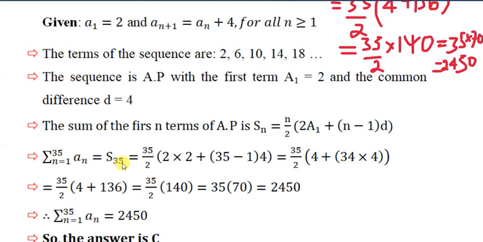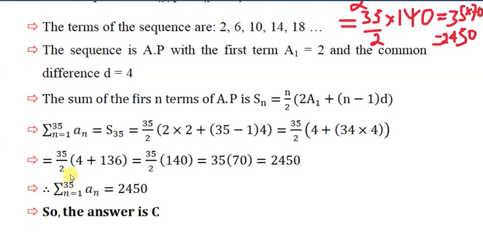Since our sequence is arithmetic, this is equal to 35 over 2 times (our a1 is 2, so 2 multiplied by 2, plus our n is 35, 35 minus 1 is 34, our d is also 4, and 34 multiplied by 4). The whole calculation gives us 35 over 2 times (4 plus 136), which is 35 over 2 times 140.